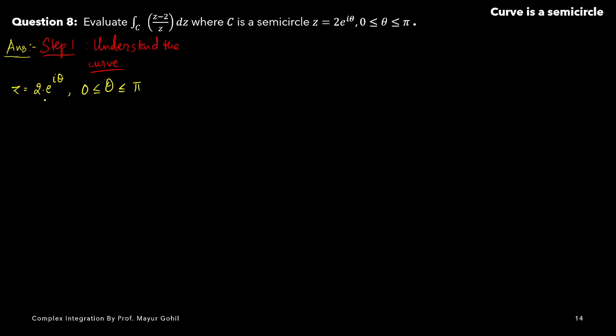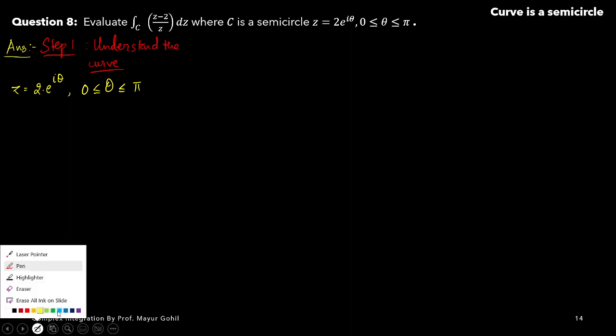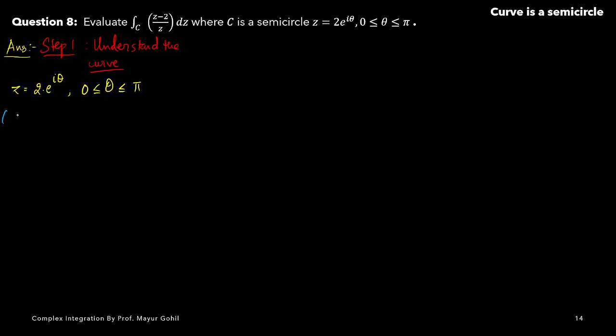Now see, when we have this given to us, we try to recall the substitution that we used to do. The substitution is z equals z naught plus r e to the power i theta.